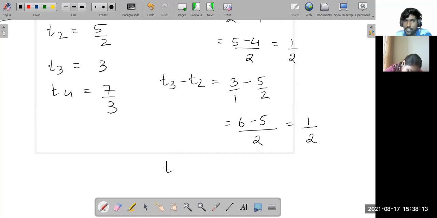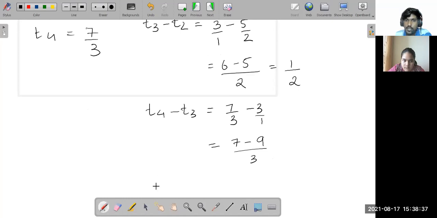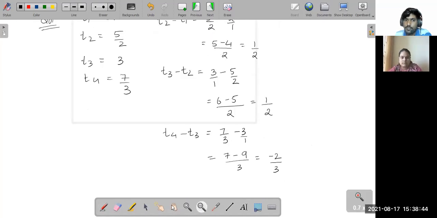Last, do T4 minus T3, that is 7 upon 3 minus 3. Cross multiplication gives 7 minus 9 upon 3. 7 minus 9 is minus 2, so this becomes minus 2 upon 3.